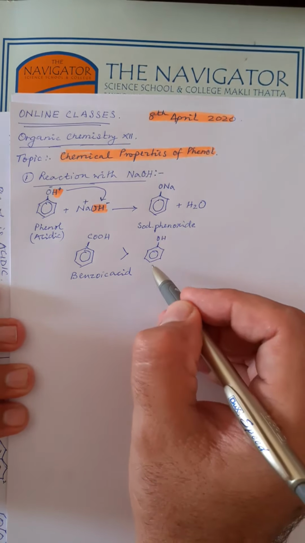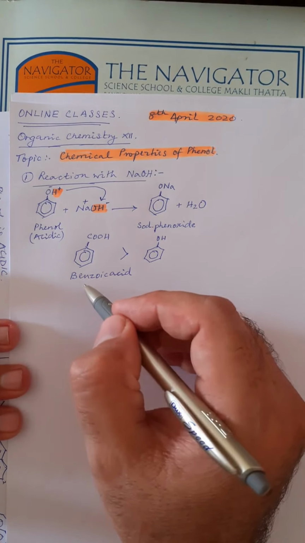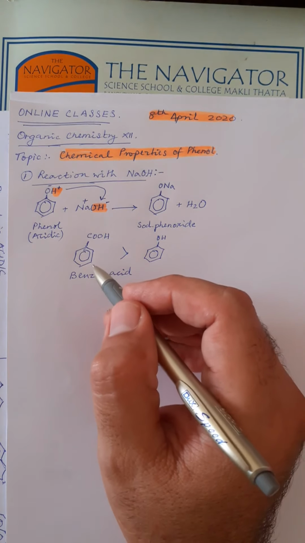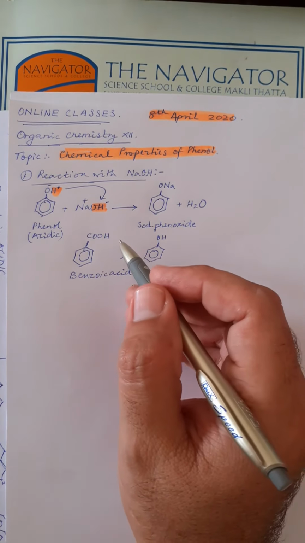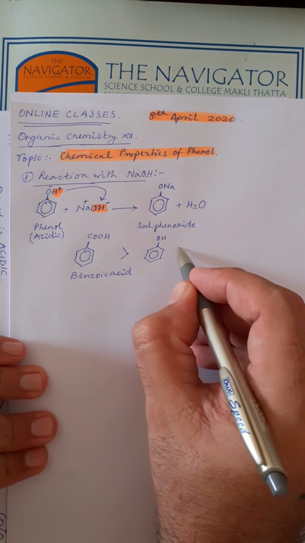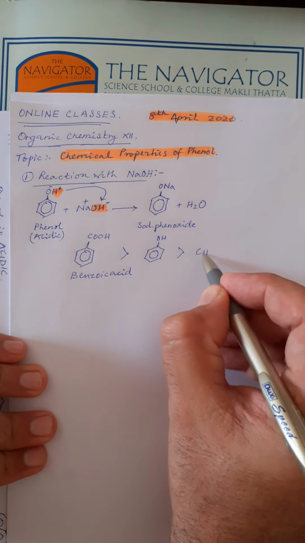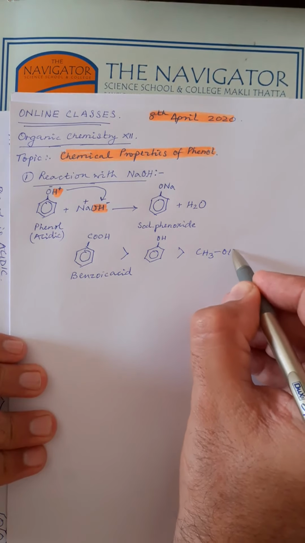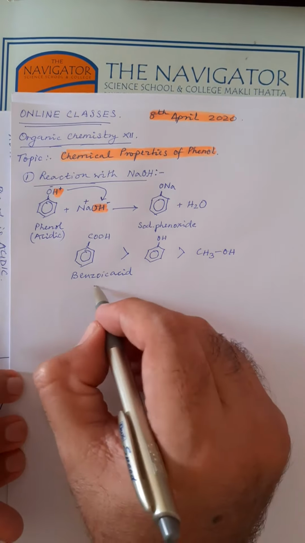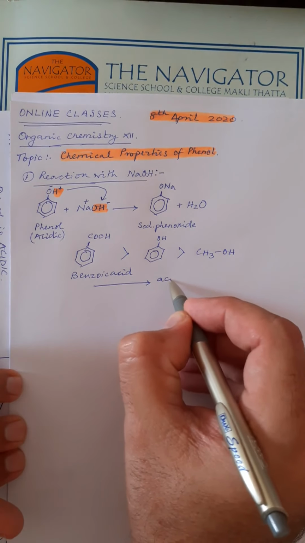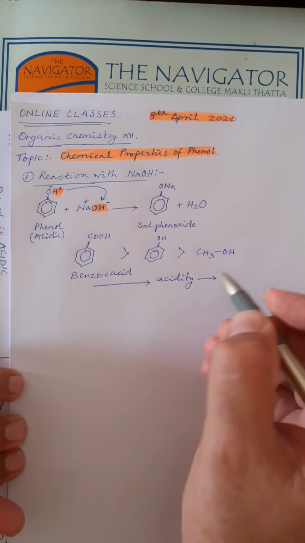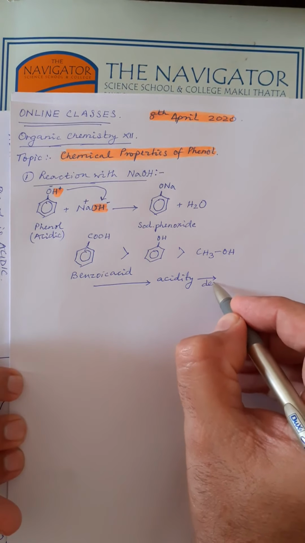Phenol is less acidic than all carbonyl compounds, meaning carbon double bond oxygen. But phenol is more acidic than alcohols. Alcohols, as compared to phenol, are very much less acidic. So acidity decreases in this order. As you go this way, acidity decreases.